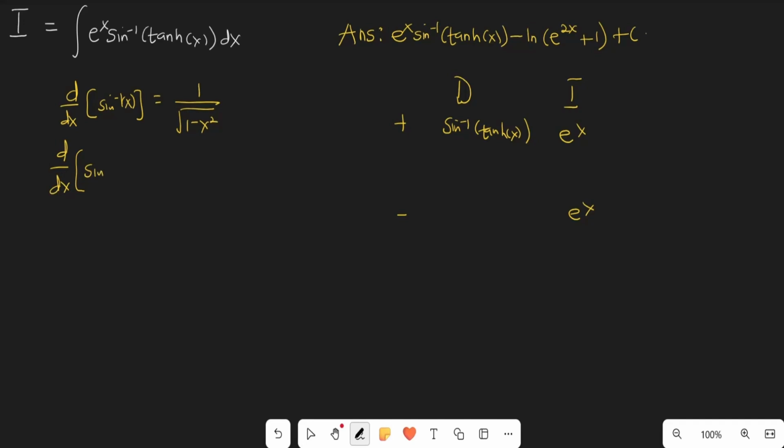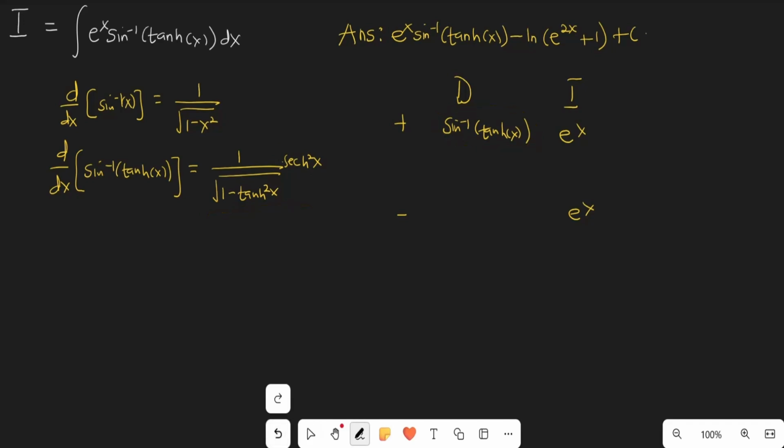So if we are differentiating the sine inverse of the tan hyperbolic function of x, we have 1 all over the square root of 1 minus the tan hyperbolic square of x. Then we differentiate this one and multiply at the top, and that is going to be the secant hyperbolic square of x. So the derivative of this one is this.